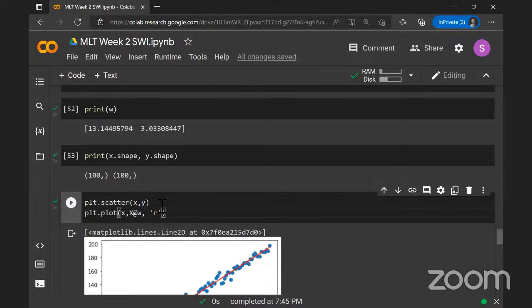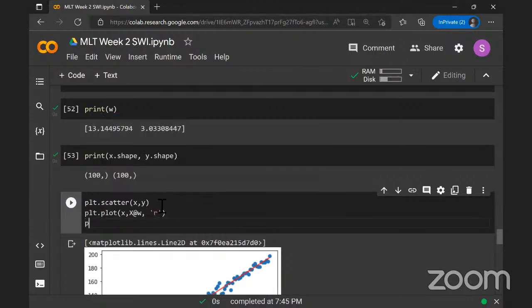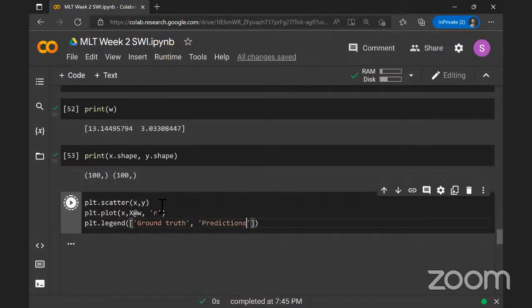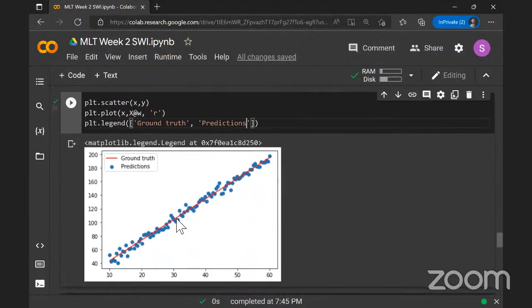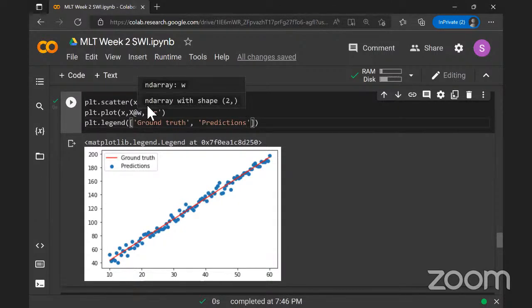So I should add the legend. plt.legend, I should add ground truth and predictions. Now the red line represents the, sorry. How is it possible?